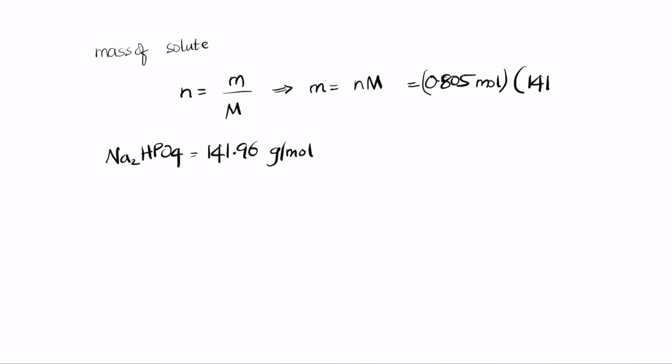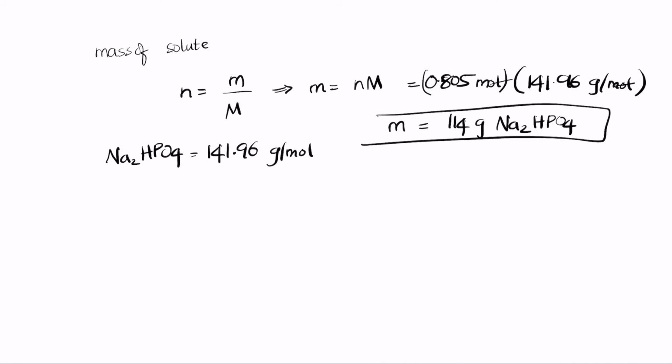The mole cancels, and when you multiply, you get 114 grams of Na2HPO4. This is the mass of solute present in that solution.